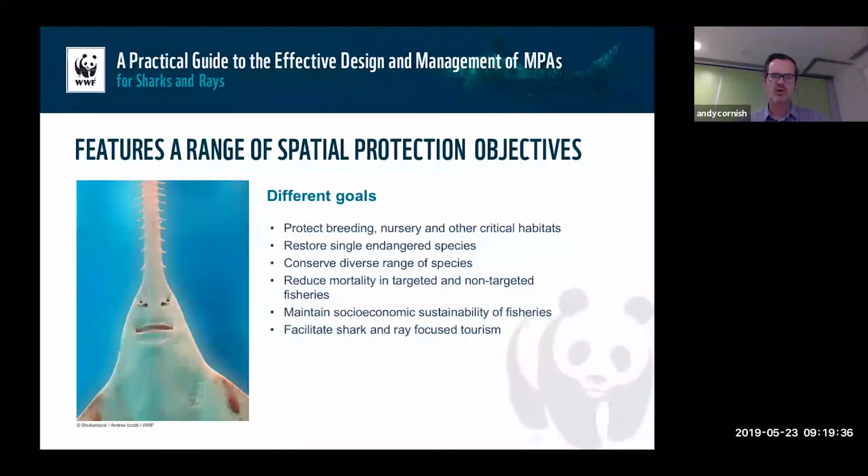And perhaps a more diverse range of goals are possible than you might think. From restoring single endangered species, protecting nursery and other critical habitats, finding biodiversity hotspots for sharks and rays and conserving a diverse range of species, very specifically reducing mortality in fisheries, whether targeted or not, but also socio-economic angles, shark and ray focused tourism.